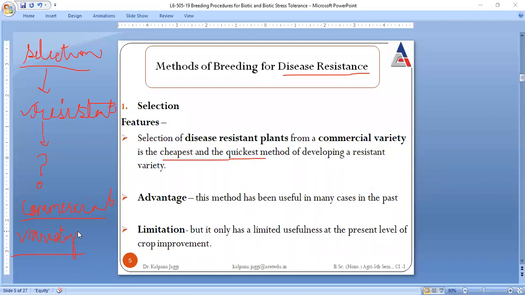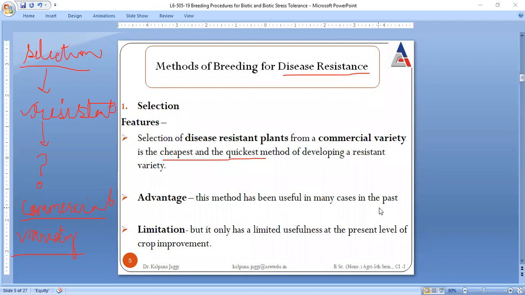It has a limited usefulness at the present level of crop improvement, because picking up a commercial variety and selecting it for disease resistance nowadays does not produce as good a result as it did in the past. The reason can be anything. It may be environmental interactions, it may be some changes in the genetic content. Although it is useful in many cases, it is not useful in all cases.